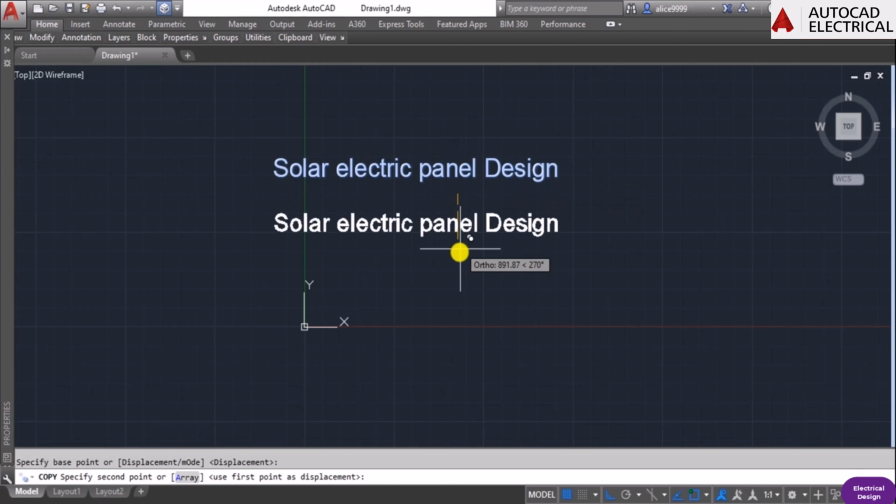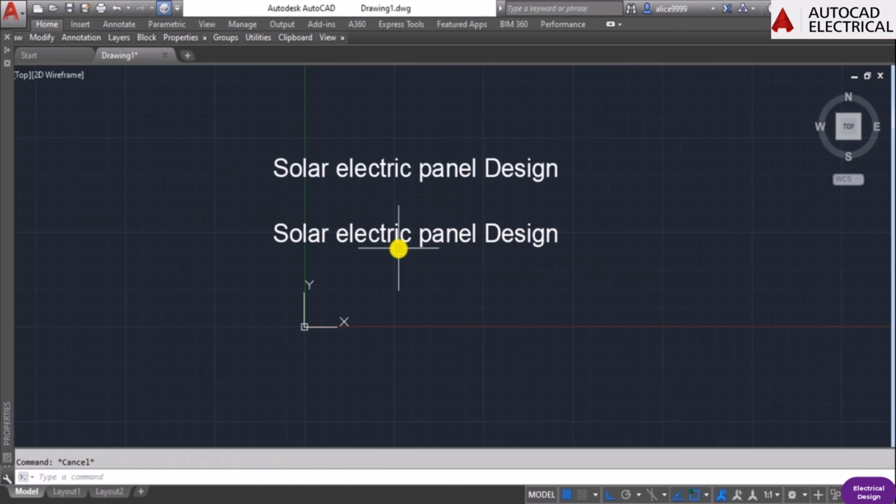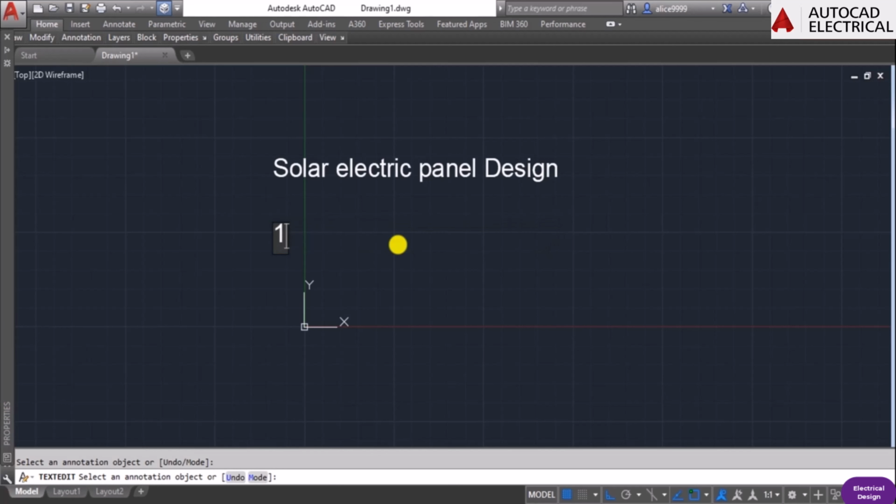The important components required for the solar electric panel start with PV modules, also called solar photovoltaic modules.